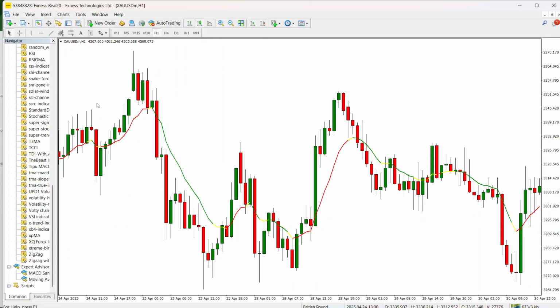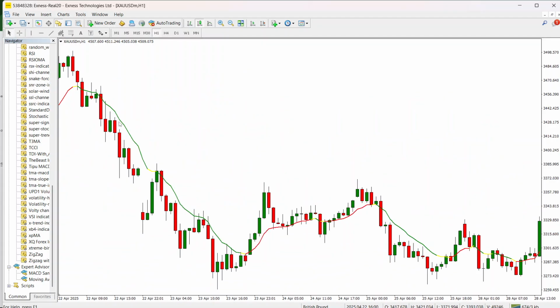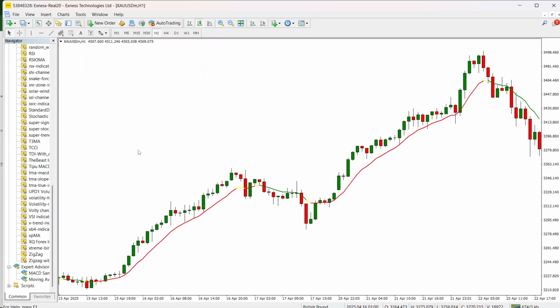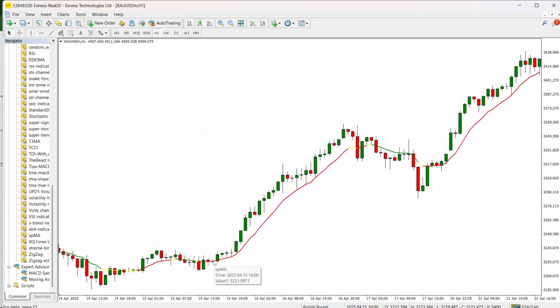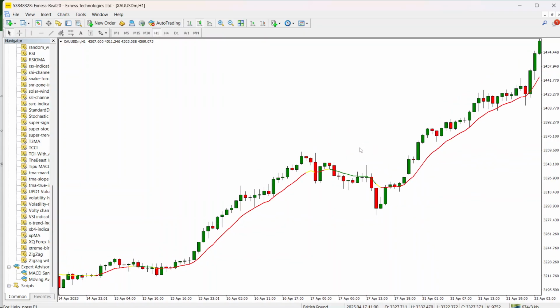Entry signals occur when the XPMA confirms bullish conditions with price moving above key levels or lines crossing in favorable directions, as we can see here. The line crosses below the price, signaling an uptrend, while exit signals appear when the indicator shows weakening trends or a bearish crossover, as we can see at this point here.